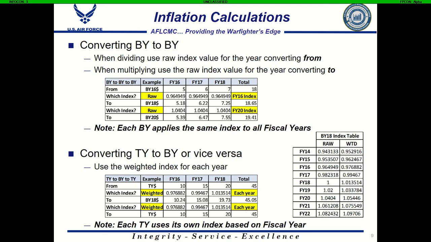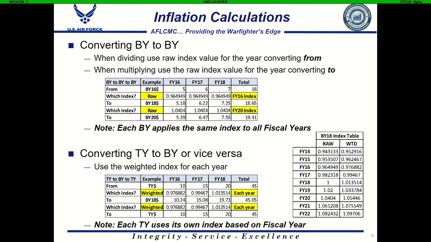So we're converting from base year 16 to base year 18. Even though we've got values in the FY16, 17, and 18 columns, all those values are represented as base year 16 dollars. So again, this is where proper labeling on our charts and graphs is very important when it comes to understanding the data that's provided and how to handle it or convert it from one thing to another where necessary.